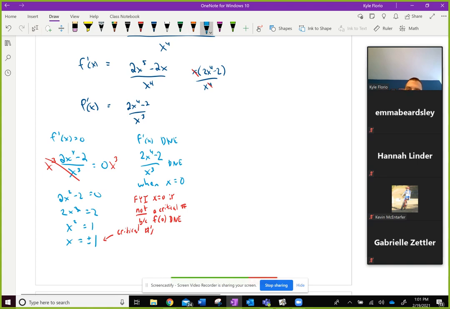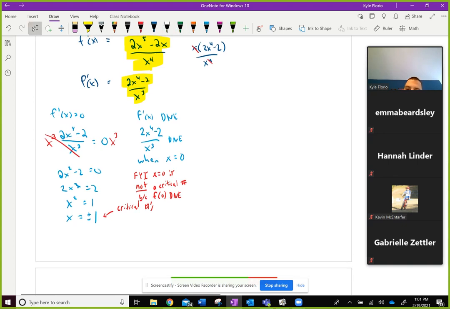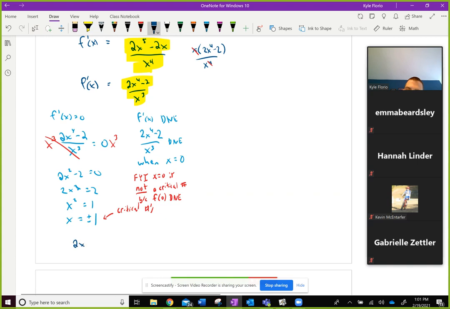Another thing to pay attention to is when I did this set the derivative equal to 0 part, if I didn't simplify. If you remember, this is what we got for an answer, and you could divide out an x and simplify it to this. If we didn't do that, and I wanted to find out when 2x to the 5th minus 2x over x to the 4th equals 0, then when I set the numerator to 0, we would want 2x to the 5th minus 2x to equal 0.